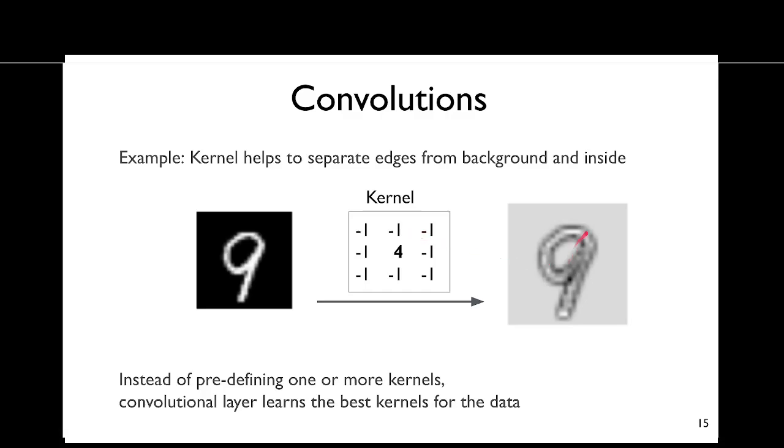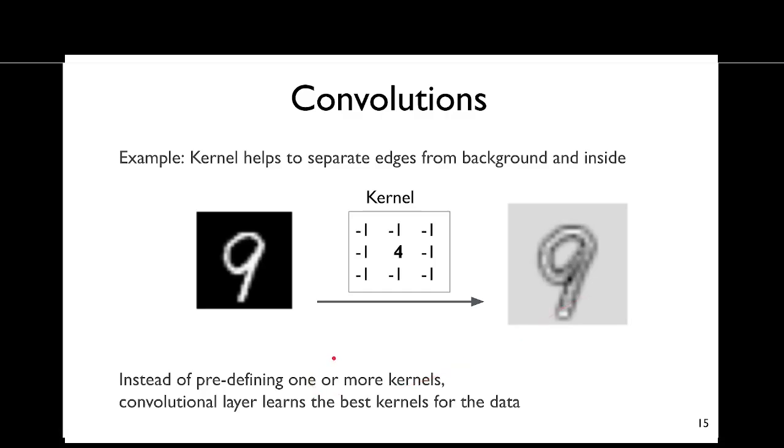And what does this do? It gives us the outline of the 9. And that's quite beautiful because here the background remains untouched, and here the inside of the 9 is becoming pretty similar to the background. So we can really find the lines that define the outside and inside of this digit 9.